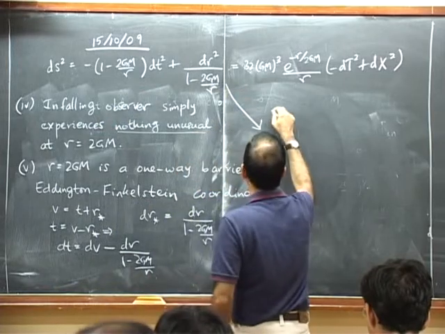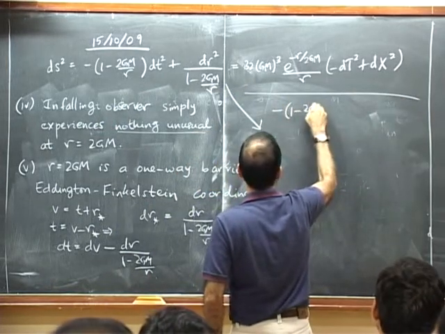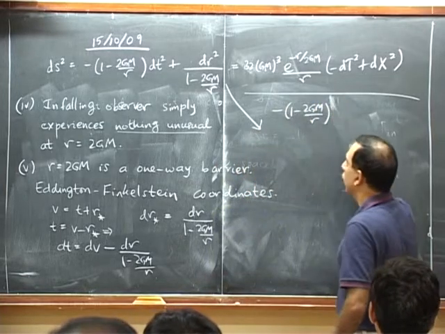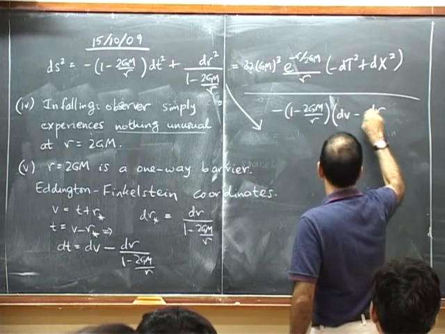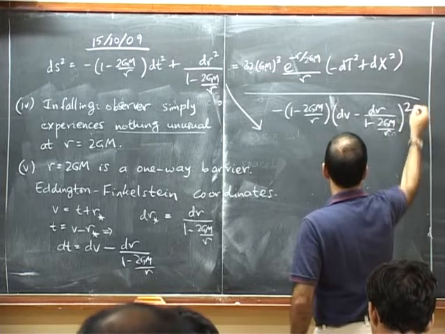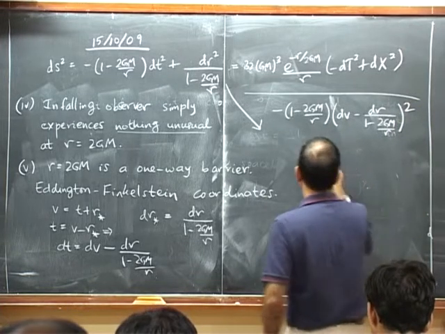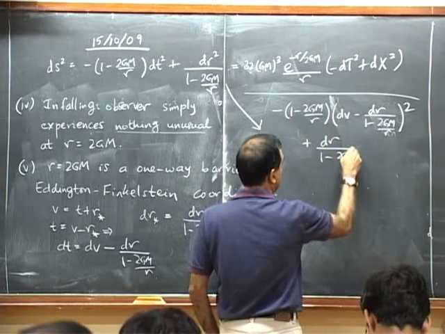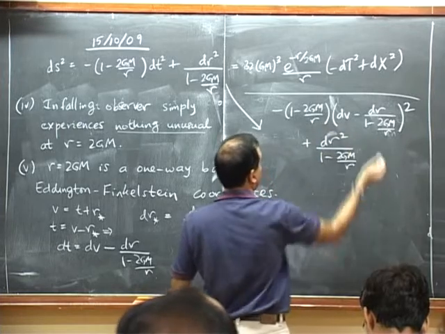So I have minus 1 minus 2GM upon R, and instead of dt I must write dv minus dr over 1 minus 2GM upon R, the whole square, plus dr squared over 1 minus 2GM upon R. Okay.